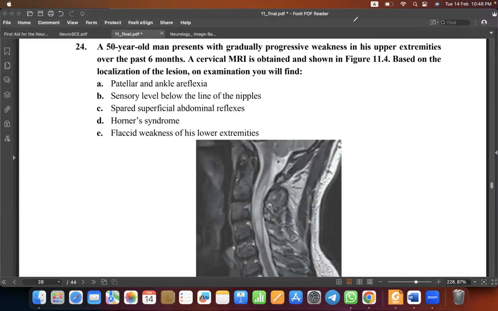So I guess the best answer should be confirmed here. There should not be any flaccid weakness. There should not be any patellar or ankle areflexia. There could be sensory involvement, but I guess the nipple is a bit low a level. The level should be a bit higher.